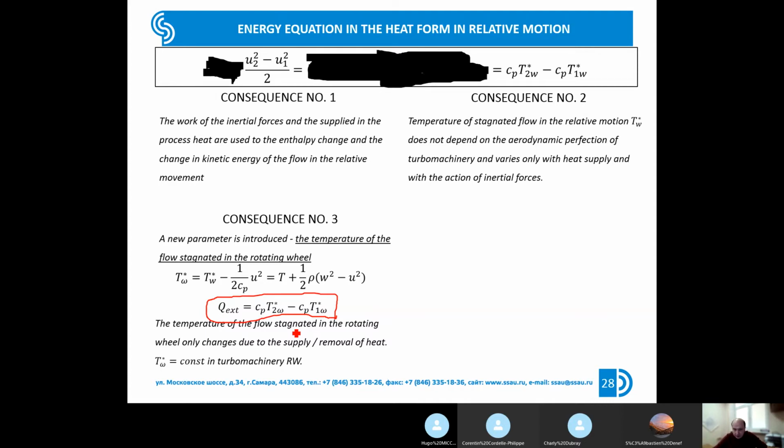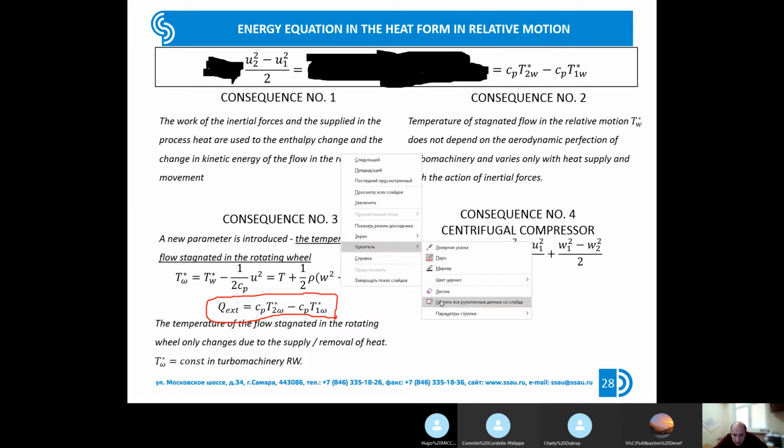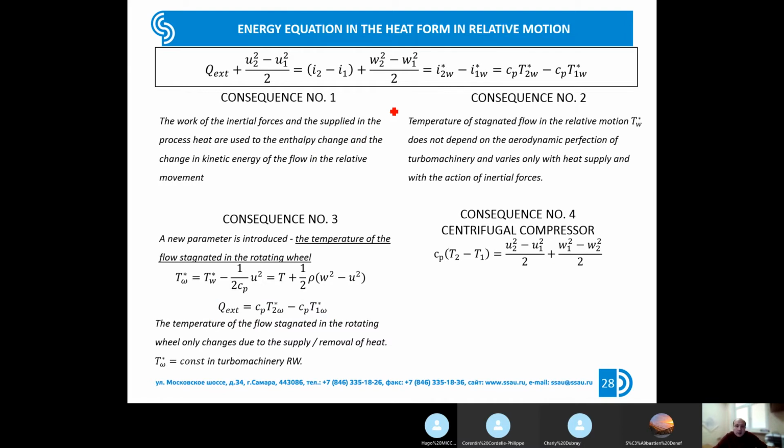And the last conclusion. Maybe I will erase this. Let's take this part of the equation and write it for compressors. Let's take the enthalpy value to the left part of the equation, and all other terms we will move to the right part.